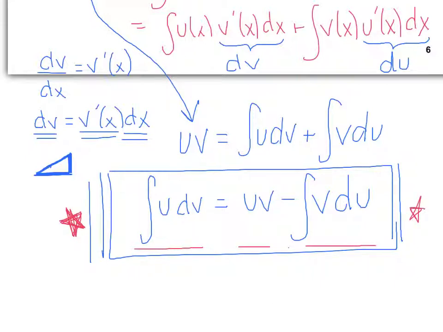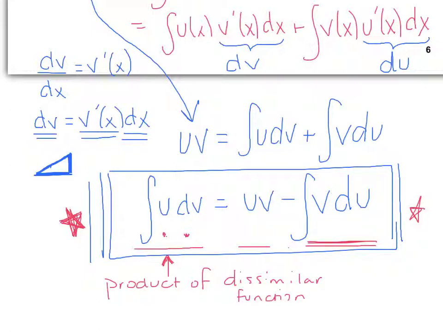And hopefully what it does is it transfers the difficulty from this integral, which is kind of a weird product of some function and the derivative of another function, to this product, which should be easier to integrate. Okay? So given a product of dissimilar functions, when we see the product of dissimilar functions, this is what we're going to use.